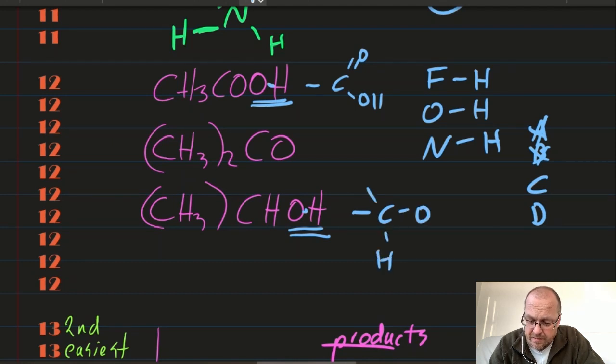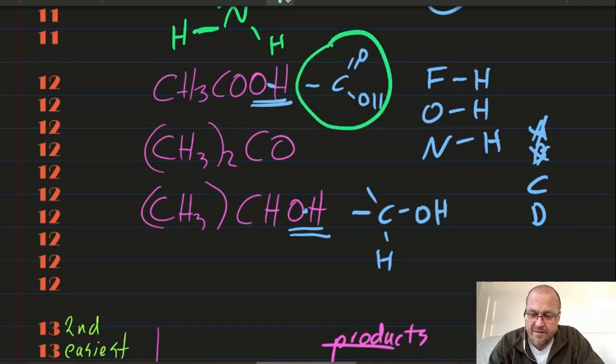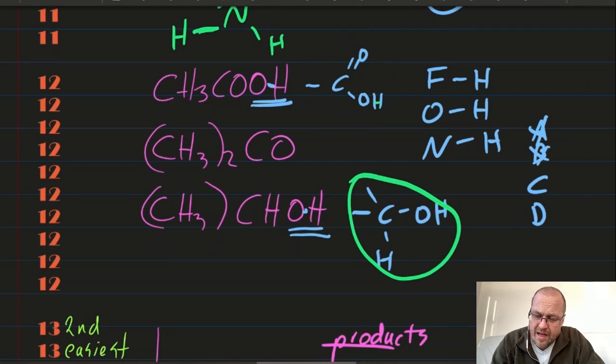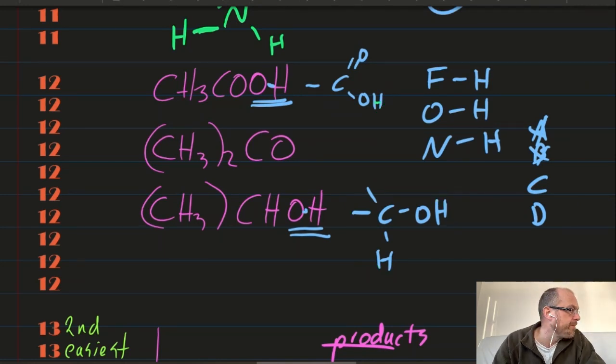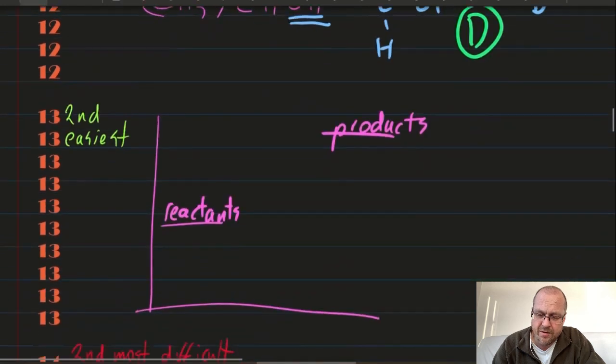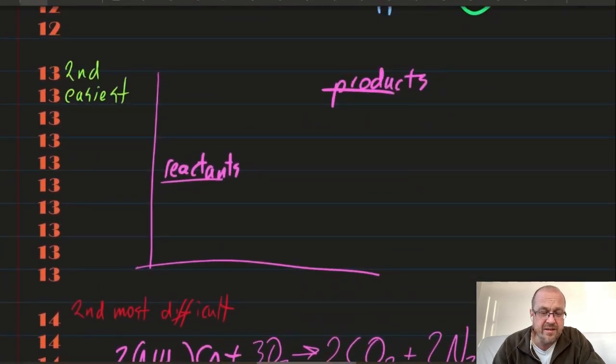You just have to pretty much remember that carboxylic acids have higher melting and boiling points than alcohols. The reason why: there's an extra oxygen there, and oxygen has more electrons than the hydrogen you were expecting to be there, so more electrons, more London dispersion forces. So the acid should be at the end, which is D, 12D. Yeah, carboxylic acids have higher boiling points than alcohols. Second easiest.